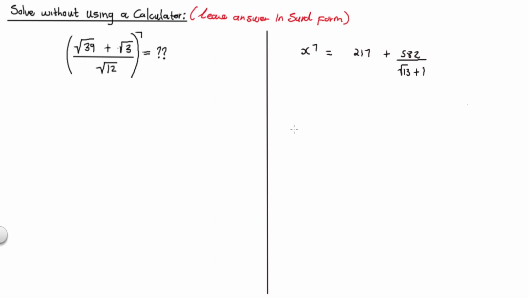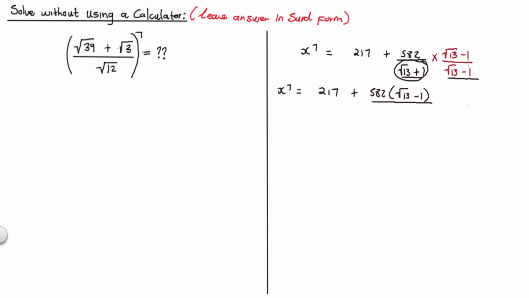Then at this step, we need to rationalize the denominator, so we multiply by square root 13 minus 1 over square root 13 minus 1. Then x raised to exponent 7 is 217 plus 582 times square root 13 minus 1, divided by the difference of two squares.